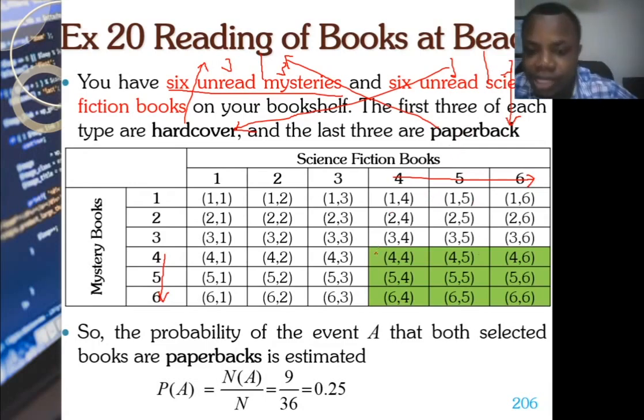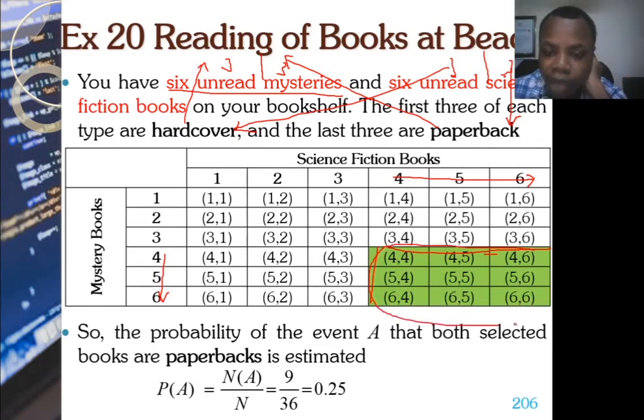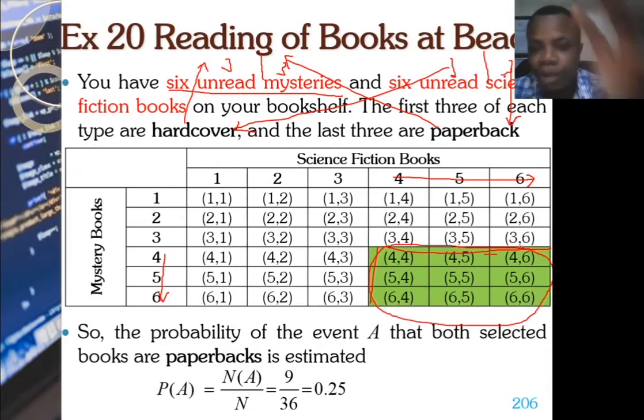So this section that we have here represents the books that are paperbacks for both mystery and science fiction. This is going to represent 1, 2, 3, 4, 5, 6, 7, 8, 9. So among the outcomes that we have, 9 of them are only paperbacks for both mystery and science fiction books.